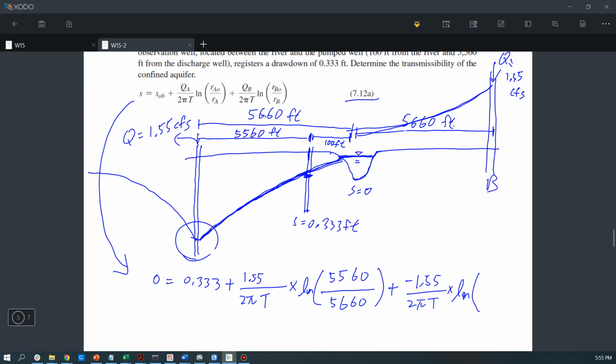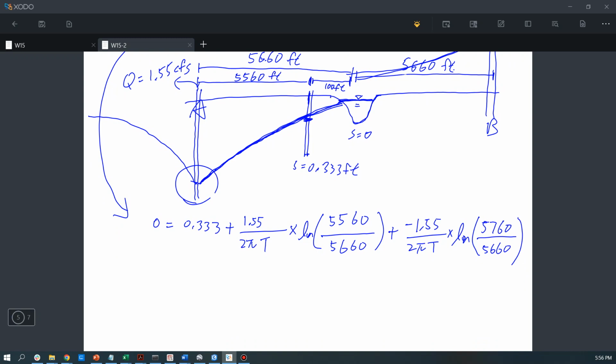So this is B, this is A, just to refer to this equation, is 5,660 plus 100. So it's 5760 for ROB, and RB is just a distance from the river, right? So it's the same as the RA. It's 5660.